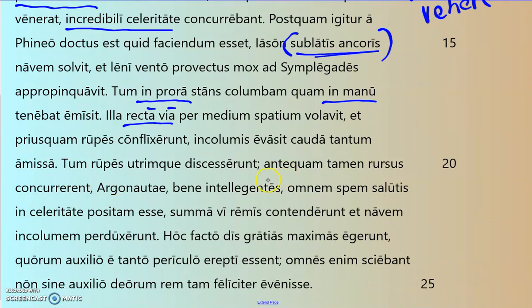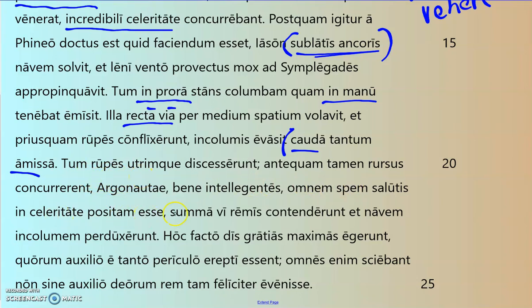Let's keep going. Now here we have an ablative absolute, cauda amissa. She escaped unharmed with only her tail lost. Having lost her tail, or the tail having been lost. Ablative absolute.